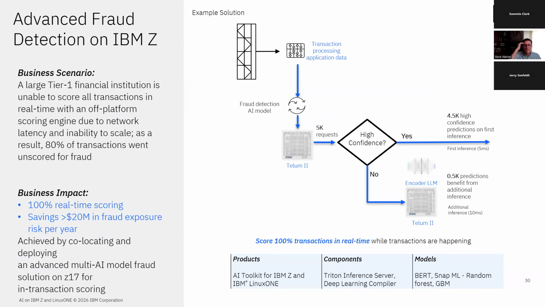But in the case where I'm not very confident, I can now use an encoder large language model or another model that looks at some of the unstructured data, in addition to the structured data that was already analyzed, and see if I can get an insight from a different angle. So I'm only invoking both models about 10% of the time. The other 90% of the time, I'm only invoking the high speed model. So the combination of both of them we estimate at about 15 milliseconds, but for 90% of it, it runs in under 5 milliseconds. So again, this is a very enhanced way you can improve your AI on the platform.